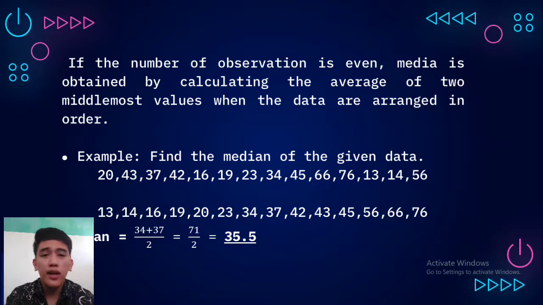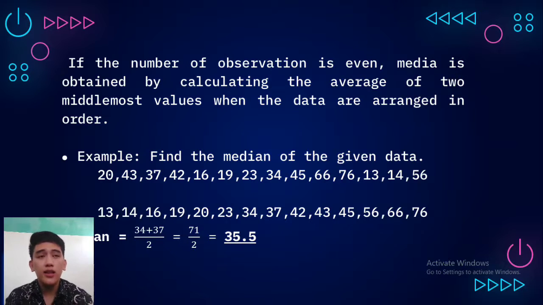So, the two middlemost values are 34 and 37. To get the median, we will add the two middlemost values, where it is 34 and 37. 34 plus 37 is equal to 71. Then, divide it by 2. It is equal to 35.5. Therefore, our median is 35.5.